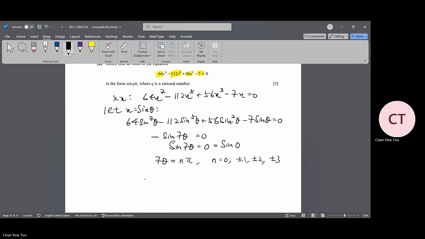Okay. So your 7 theta will be equals to the 0, plus minus pi, plus minus 2 pi and plus minus 3 pi. So your theta is equal to the 0, plus minus 1 over 7 pi, plus minus 2 over 7 pi, plus minus 3 over 7 pi.